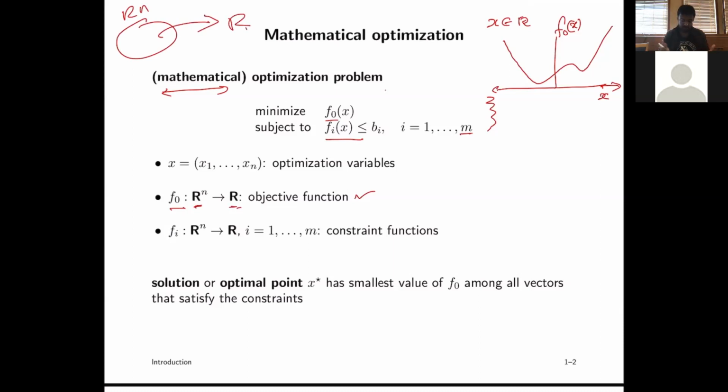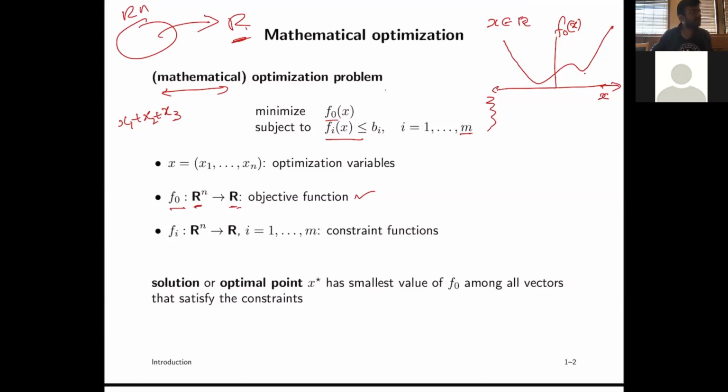Like for example, x1 plus x2 plus x3, something like that. This function maps to a one-dimensional quantity, right? So then only we can find the minimum value.